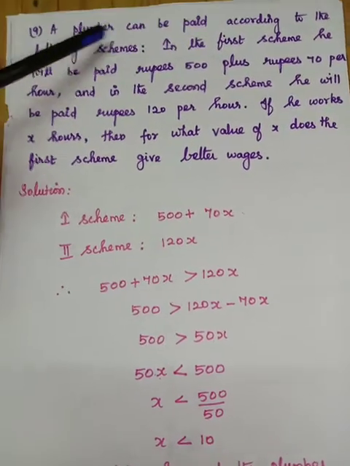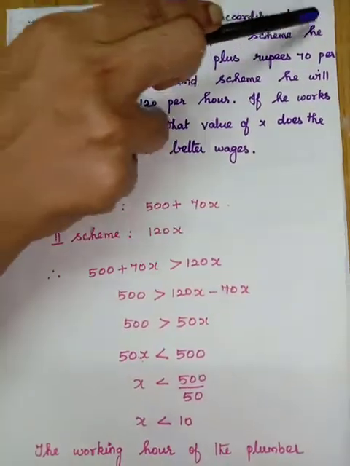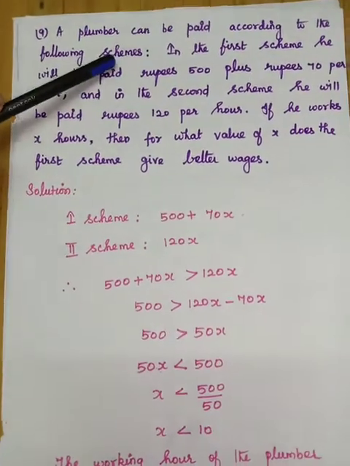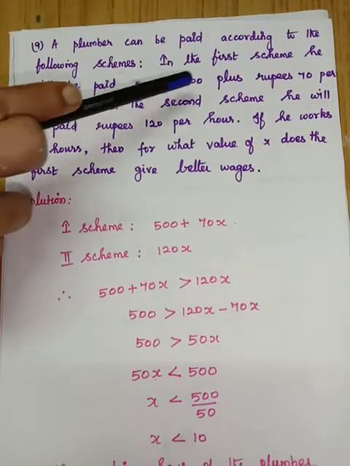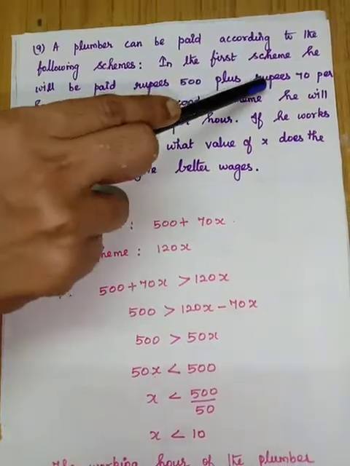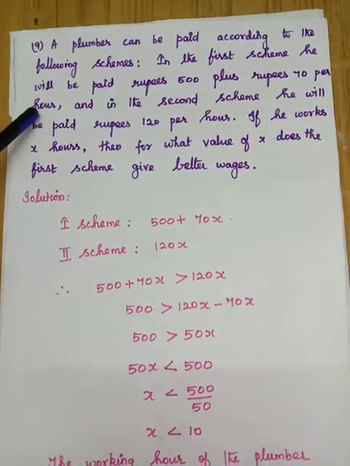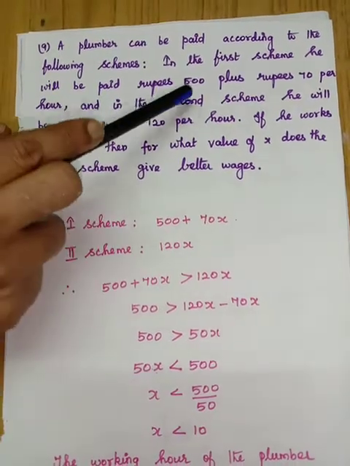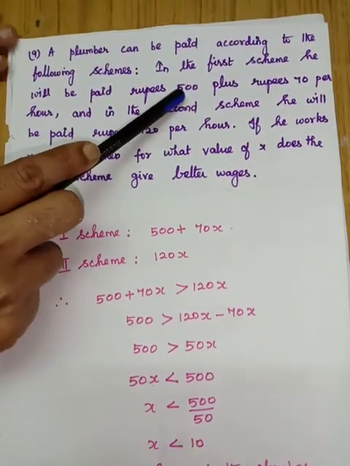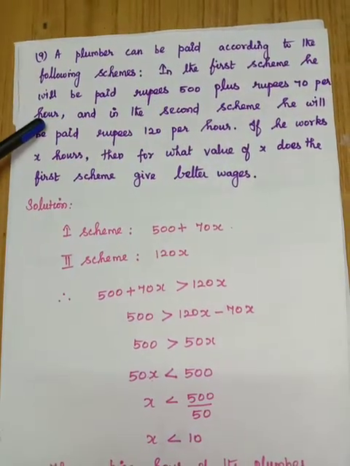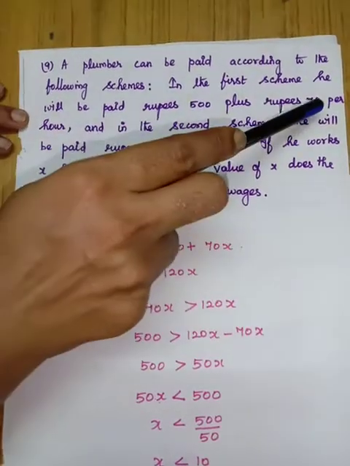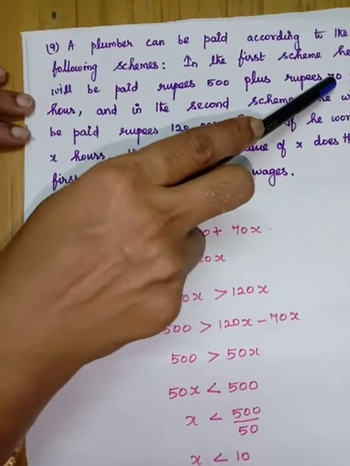A plumber can be paid according to the following schemes. In the first scheme, he will be paid rupees 500 plus rupees 70 per hour. You see that in the first scheme, the 500 is fixed for him, and according to how many hours he is working, 70 rupees per hour will be paid.